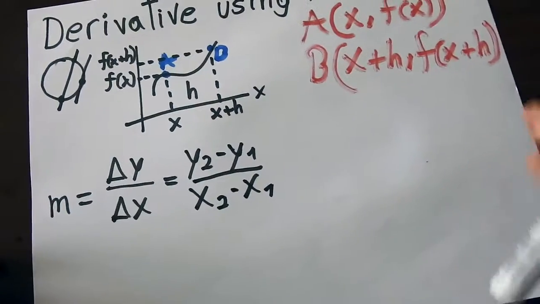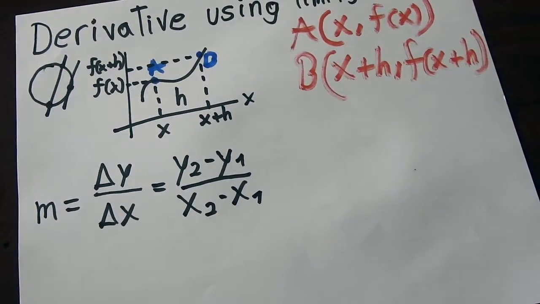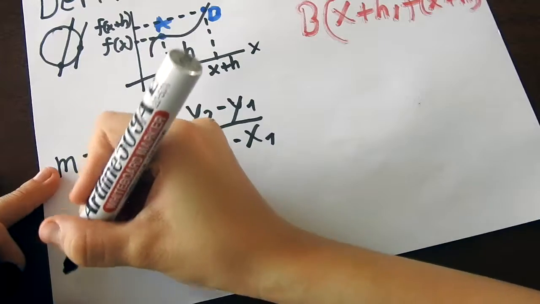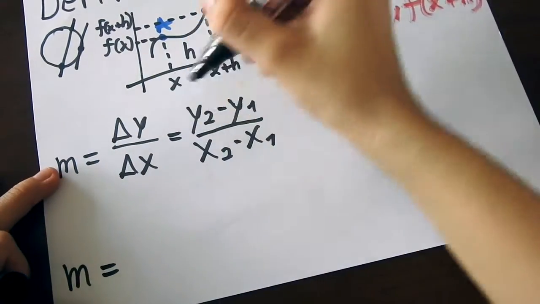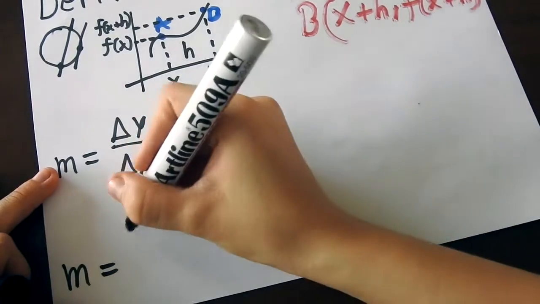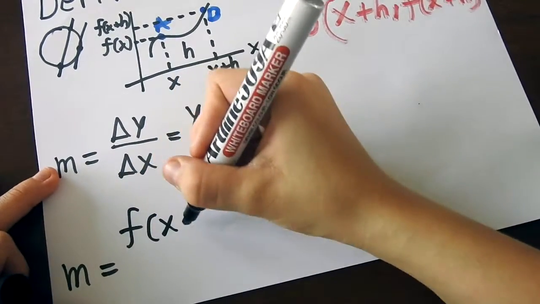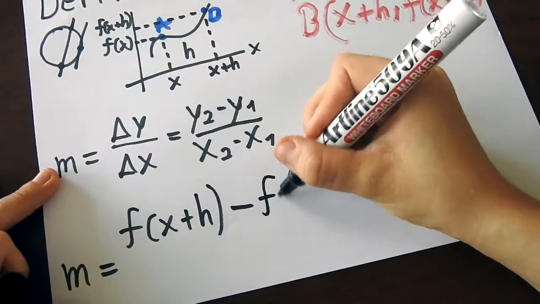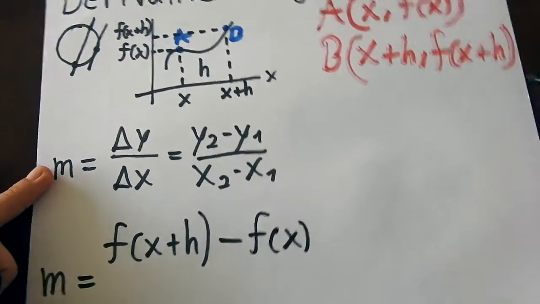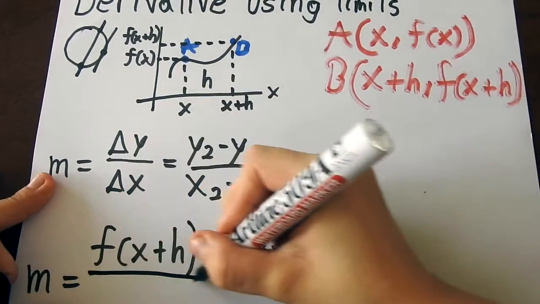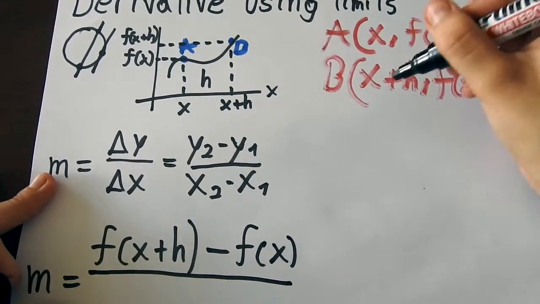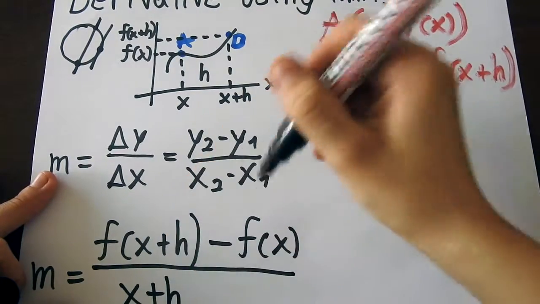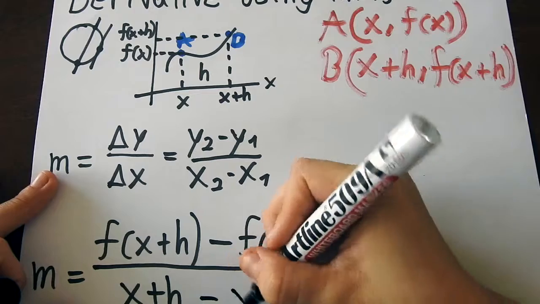Using these coordinates over here, we would have m equals y2, which is f of x plus h, minus y1, f of x, over x2, which is x plus h, minus x1, which is just x.